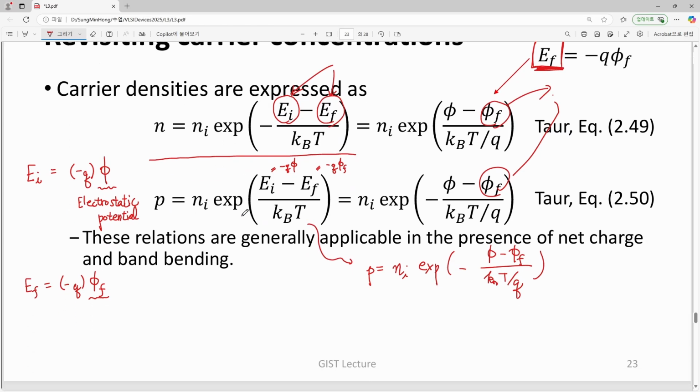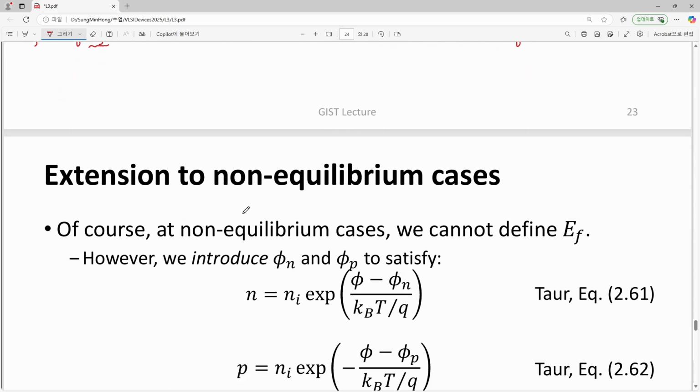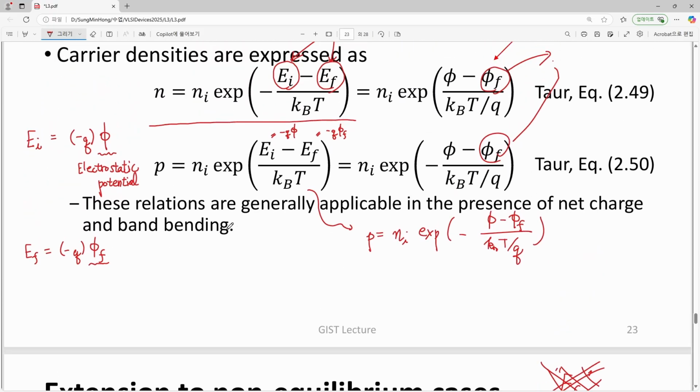However, in the non-equilibrium case, there is actually no quantity corresponding to E_f, so we don't have it. So actually we cannot apply this expression. What expression? n equals n_i exponential of phi minus phi_f divided by thermal voltage.